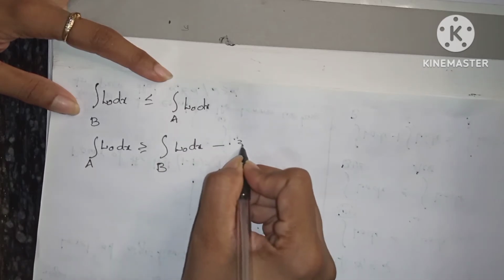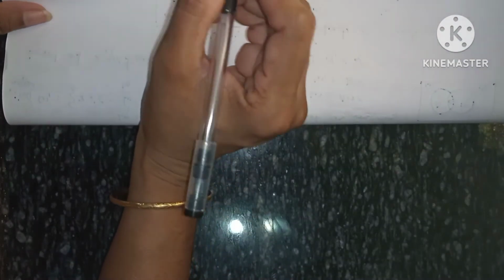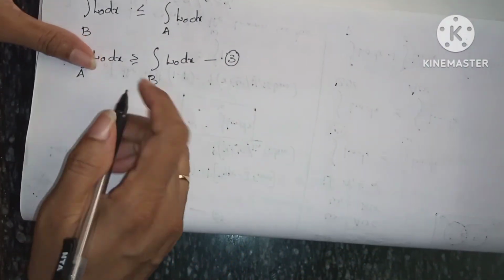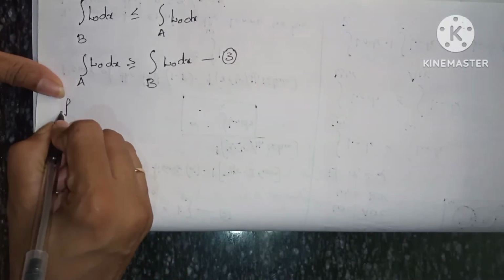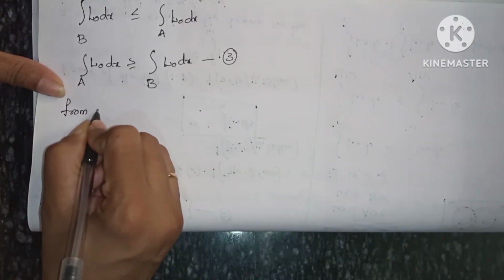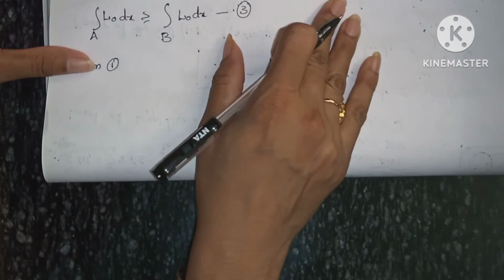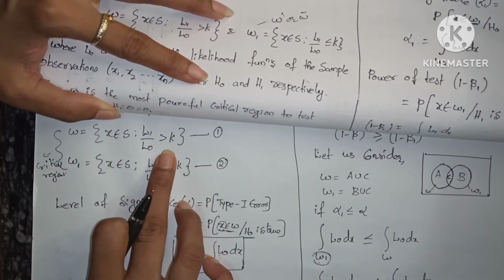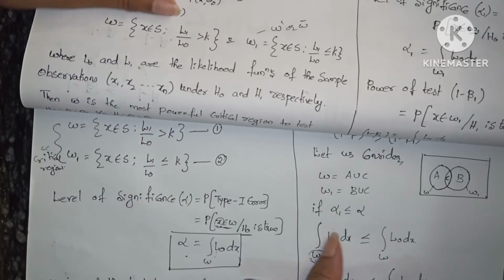This is equation 3. Equations 1 and 2 are these two. Okay? So equation 3 is this one. Now from equation 1, L1 by L naught greater than K, this one we have to take now.